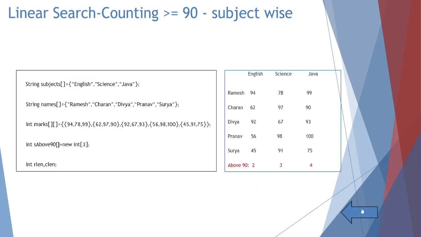Then printing: what to print and how to print. By looking at the problem statement, we understand that all subjects should be printed first. In a for loop, we print the single dimension array. But the next line is Ramesh and his 3 marks.